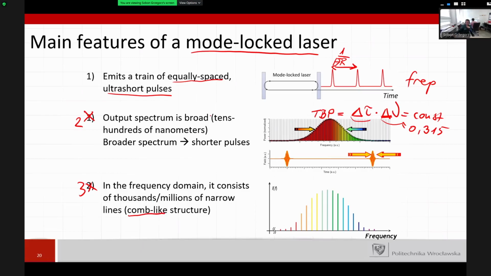Because if you would make a Fourier transform of a pulse train in the time domain, you will get a pulse train in the frequency domain. So a Fourier transform of a train of Dirac functions in the time domain corresponds to a train of Dirac functions in the frequency domain.